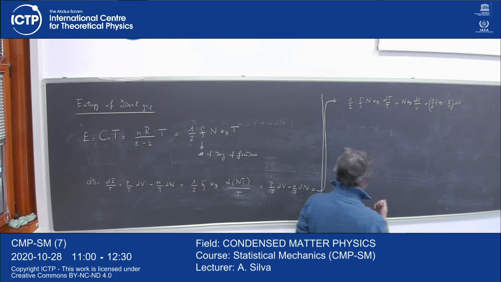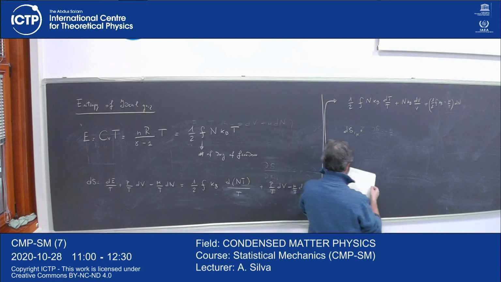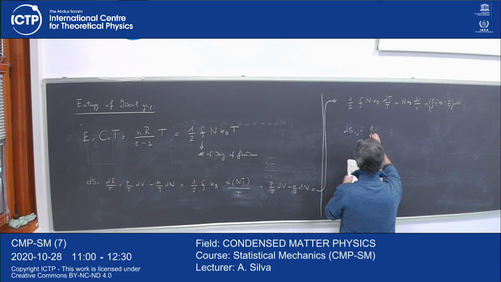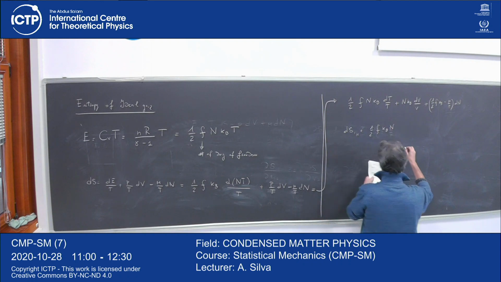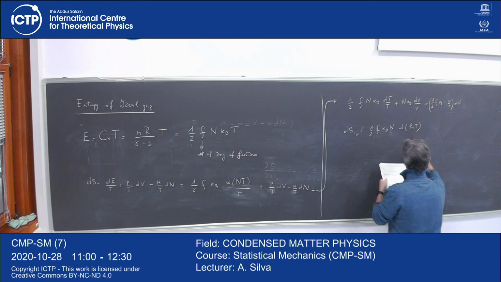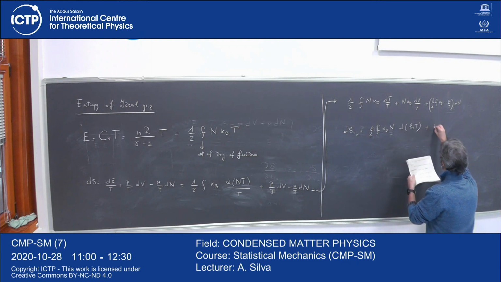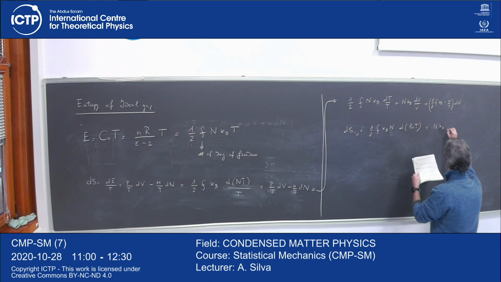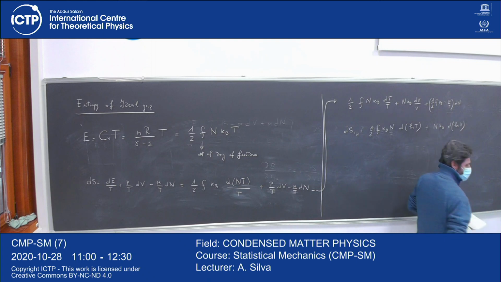Therefore, if I fix the number of particles, dS at fixed number of particles is 1/2 F k_Boltzmann times N d log of T plus N k_Boltzmann d log of V, right?